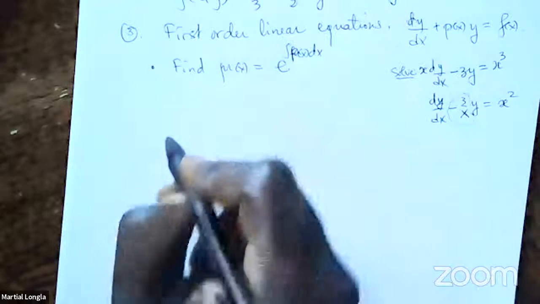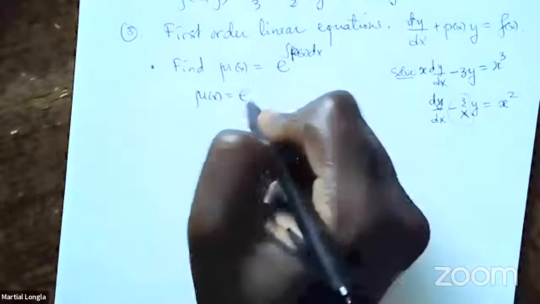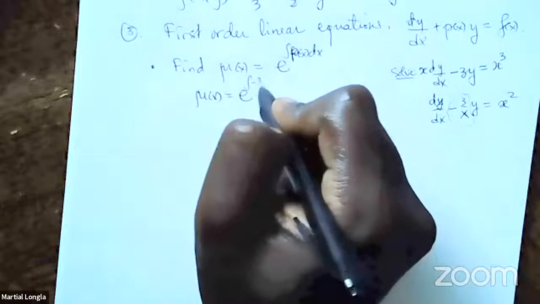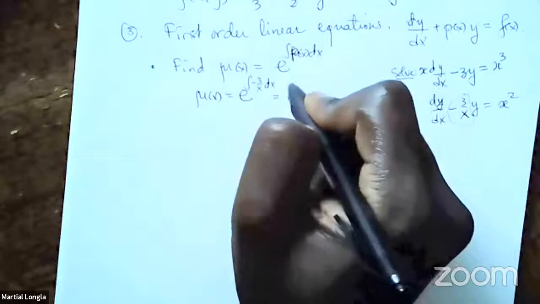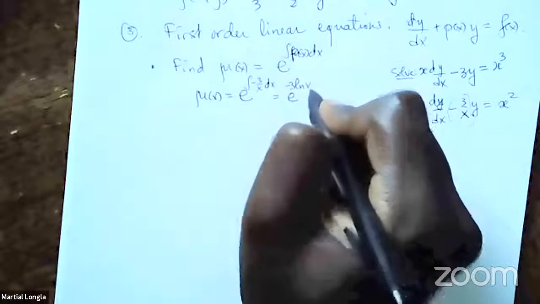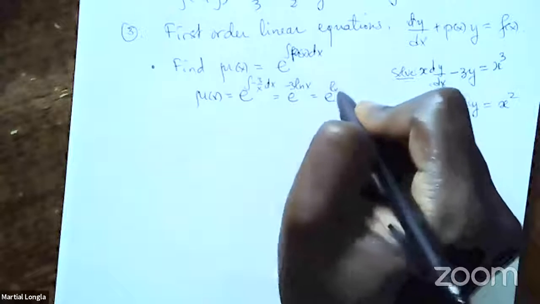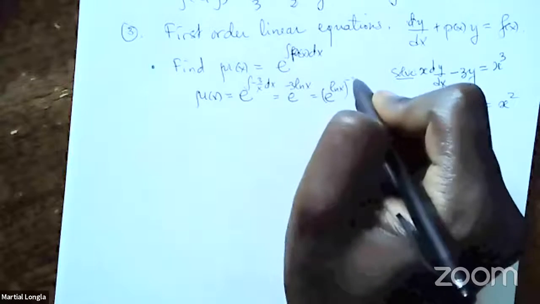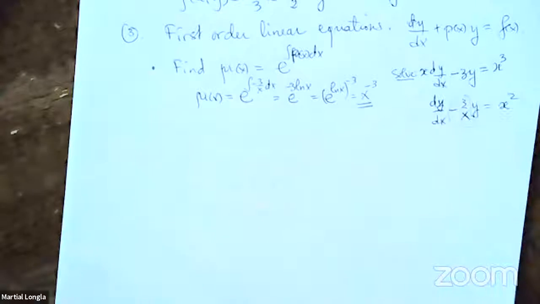And so, that being the p of x, I'm going to get mu of x equals e to the integral of negative 3 over x dx, which is e to the negative 3 natural log of x. This is e to the natural log of x to the power minus 3, and that's x to the power minus 3. So my integrating factor is x to the minus 3 in this problem.